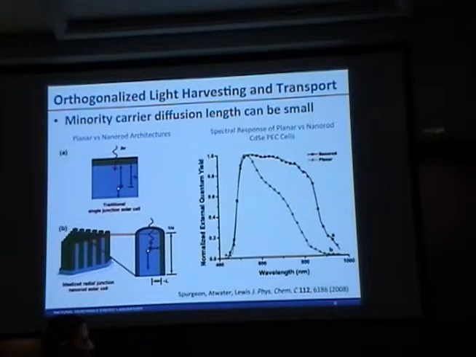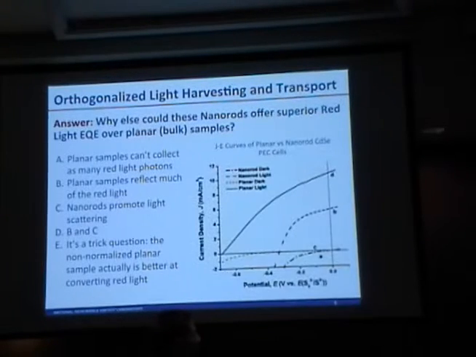And that will cause lots of light refraction in that material, which will lead to this high scattering. And so it is B and C.